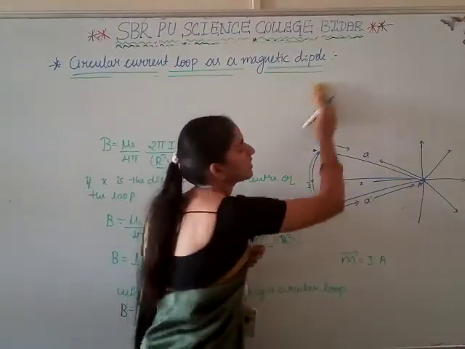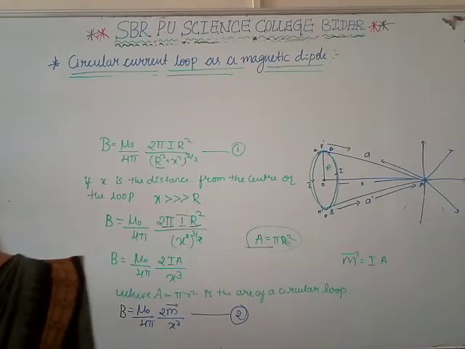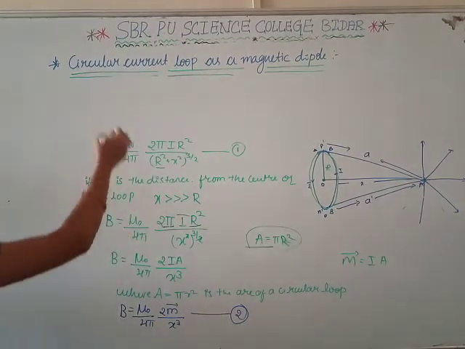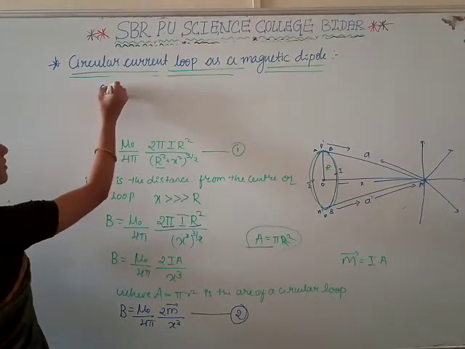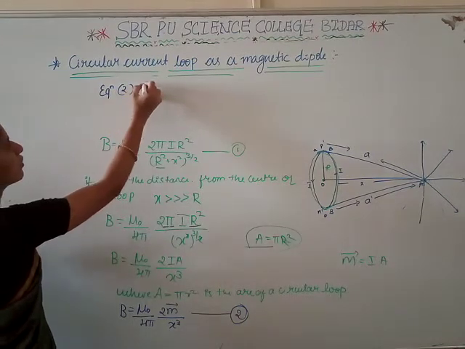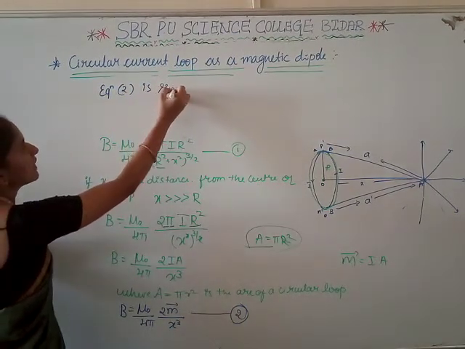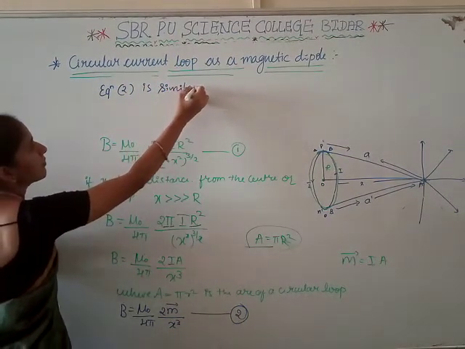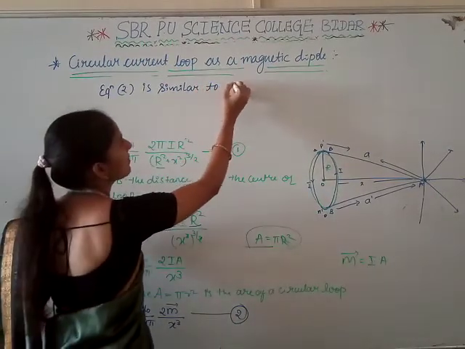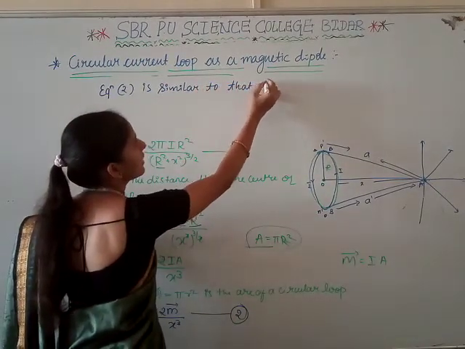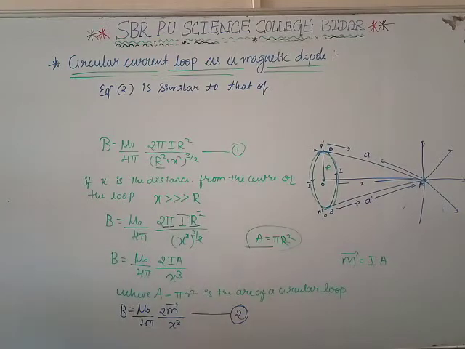Therefore, equation 2 is similar to the equation for an electric dipole at a long distance x.